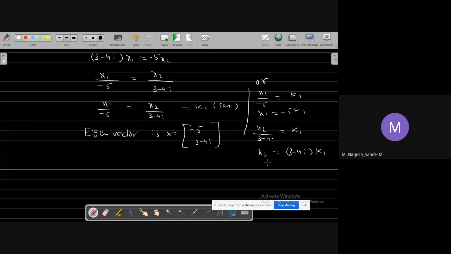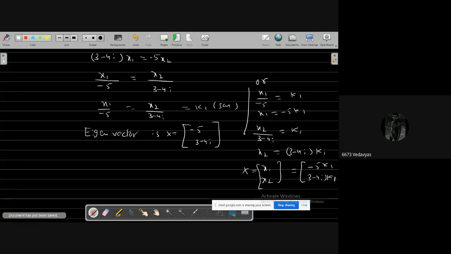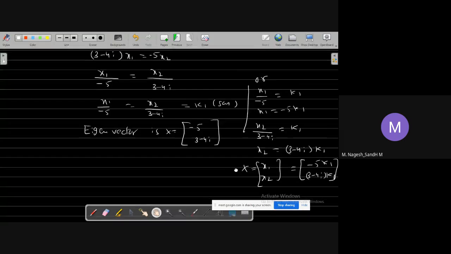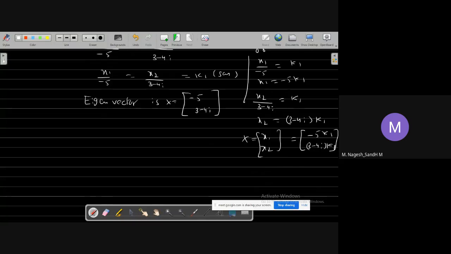So x is equal to x1, x2, which is minus 5k1, (3 minus 4i) k1. Taking k1 common, we get k1 times minus 5, 3 minus 4i. That is what we got directly, so no need of doing this process every time.